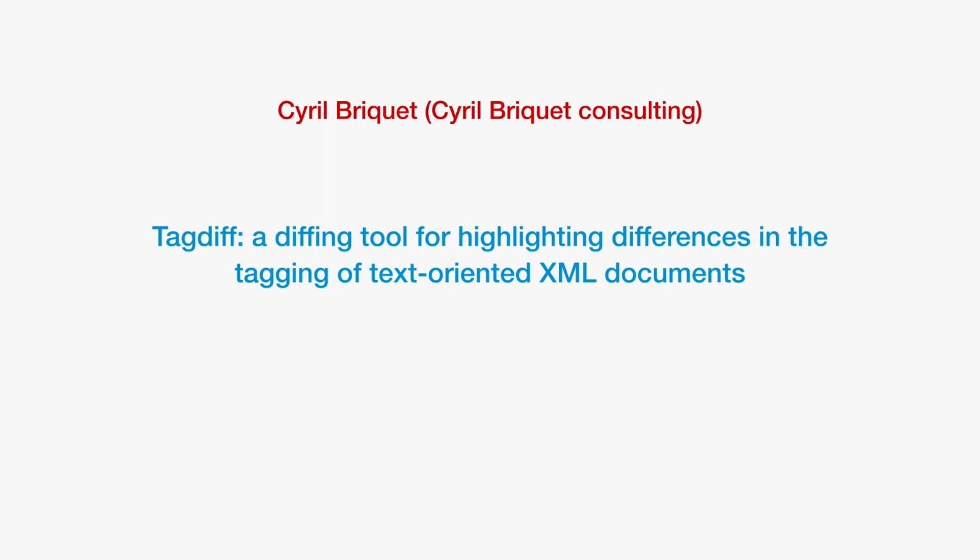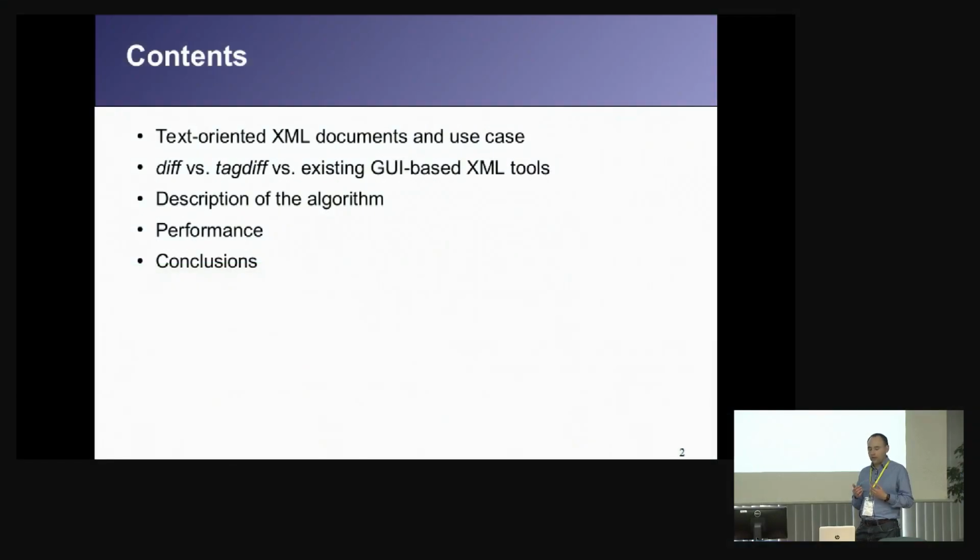The title of this presentation is Tagdiff, a diffing tool for highlighting differences in the tagging of text-oriented XML documents, which already says a lot of things about the presentation. The contents of the presentation are as follows. I will talk a bit about text-oriented XML documents and the motivating use case behind our work.